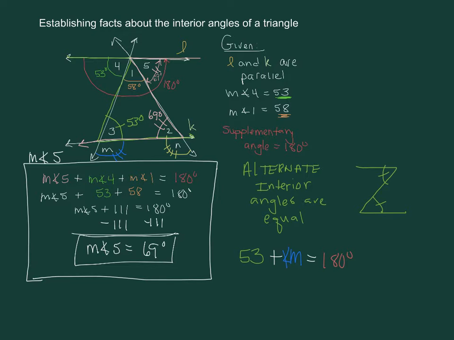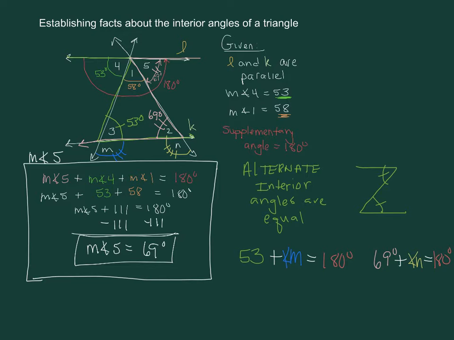Now for the other side, it would be 69 degrees plus angle N has to equal 180 degrees.